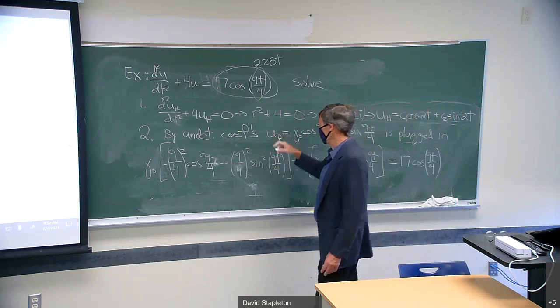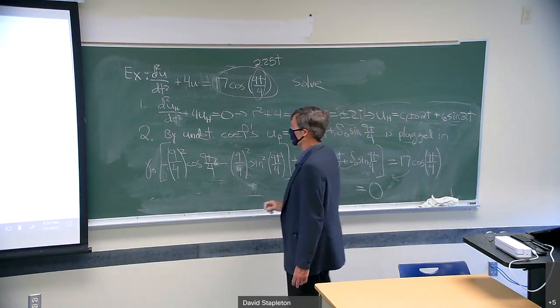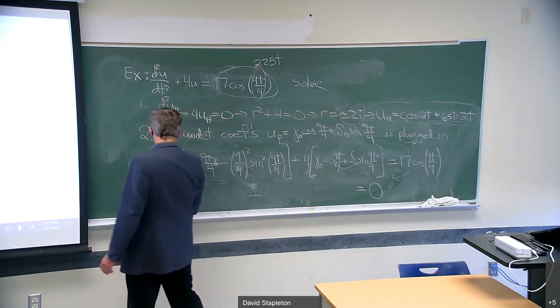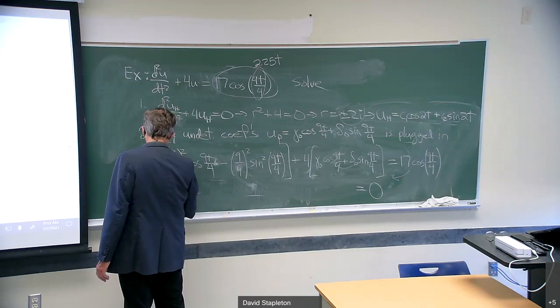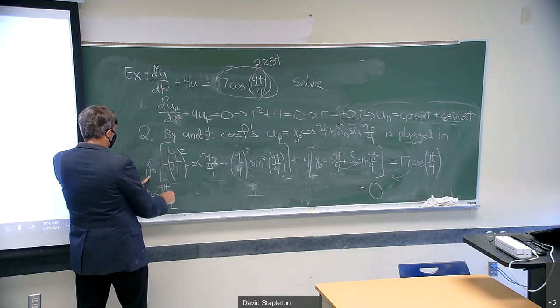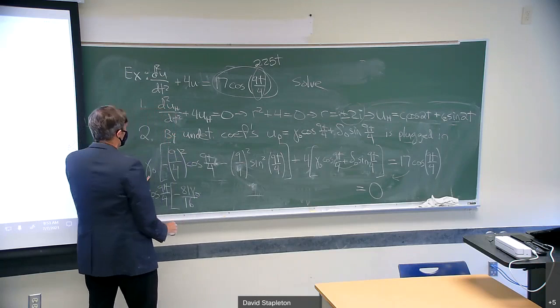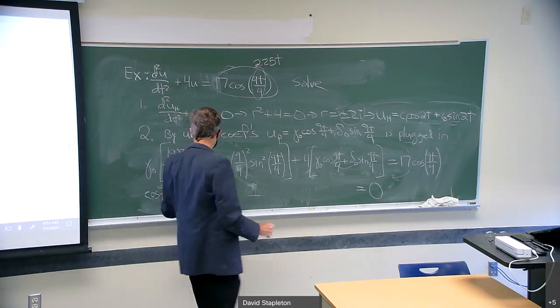What we do is we group all the like terms, right? We'll subtract this over to get 0 on the right, just like we did in the other problems. But we'll group all the cosine 9t over 4 terms. They multiply, let's see, minus gamma 0 times 81/16. So minus 81 gamma 0 over 16.